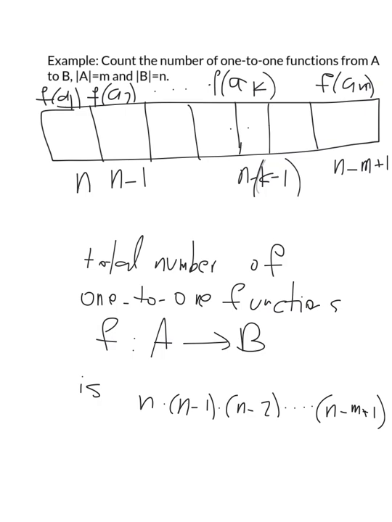Now, this is, you see, a little intuitive, and to give a very rigorous and totally convincing proof that the way we counted the total number of one-to-one functions is correct, we would say that I have these choices, which correspond to a set of, let's say, ordered m-tuples, and I have all of my functions which are one-to-one, and any one-to-one function can be mapped to one possibility that I counted in a unique way, and each possibility that I counted gives me a one-to-one function in a unique way.